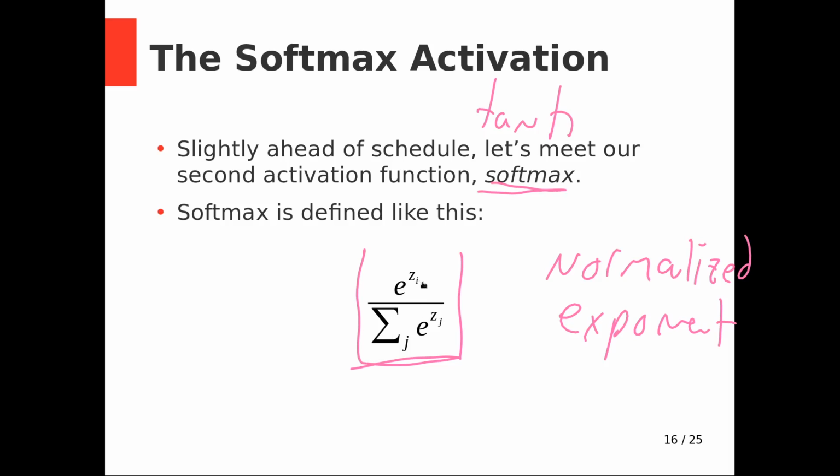I should say j is an index over all of the inputs, or all of the elements. So if this is the input, then the output looks like this.